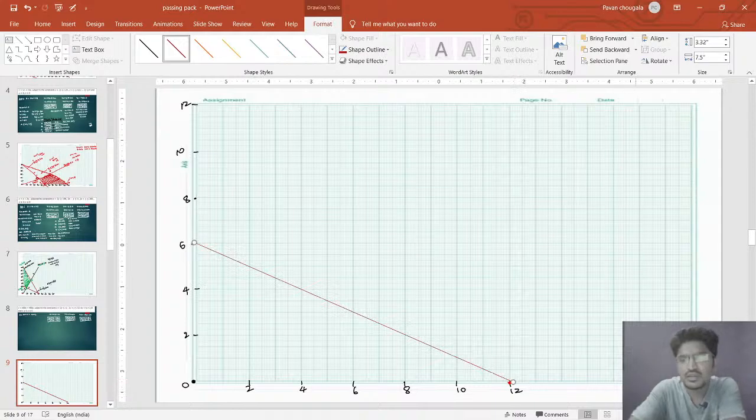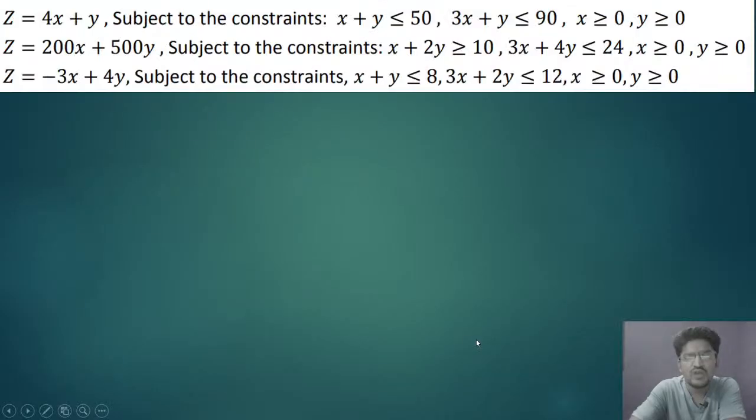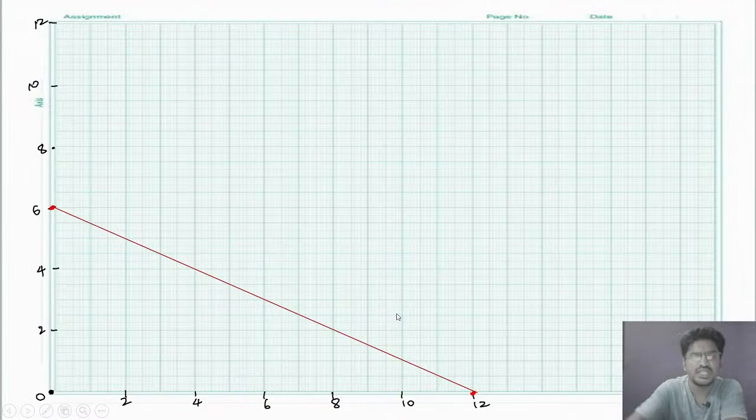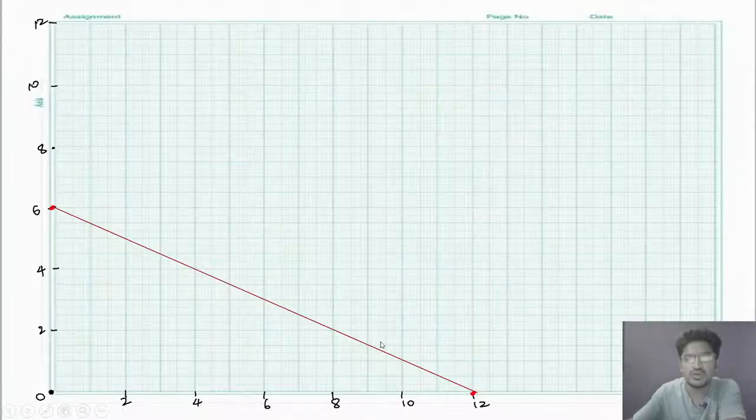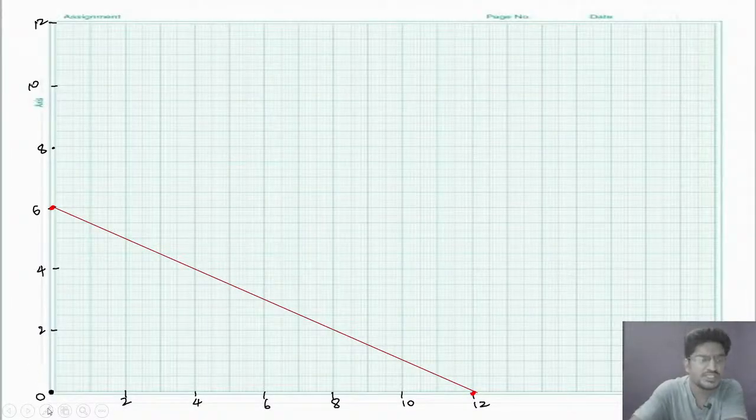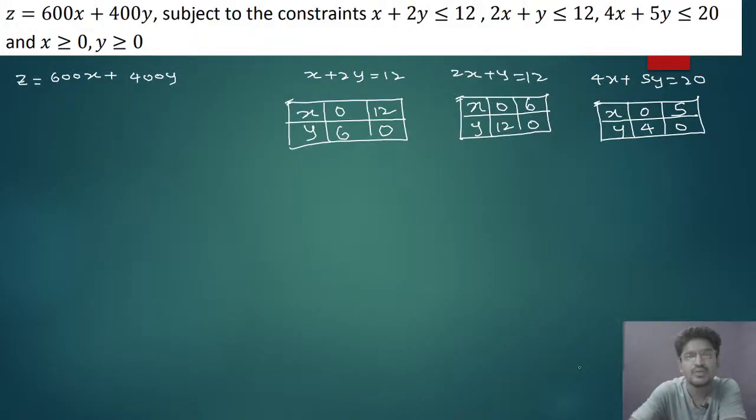Now you can see that the equation is x plus 2y lesser than or equal to 12. Clear?